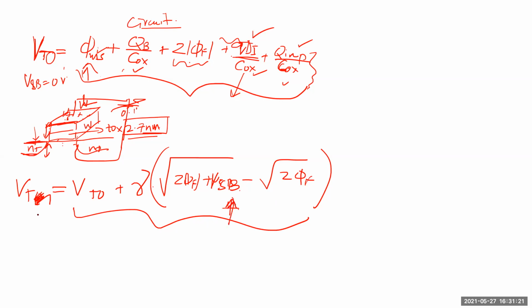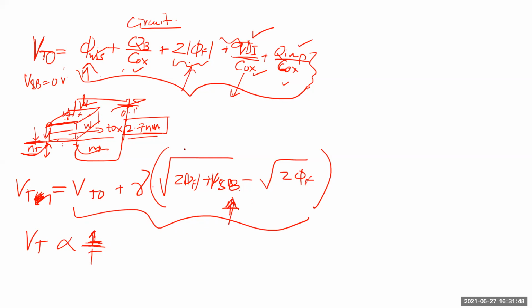So in this equation, as a designer, the only control you have is on VSB if you want to change VT. And what I haven't shown you here is that VT is also dependent on temperature. It is inversely proportional to temperature. The hotter it is, the lower the VT is. Colder it is, the higher. There is a temperature dependence, and that mostly comes from the dopings. Your free carriers change, and because of that, your VT changes.